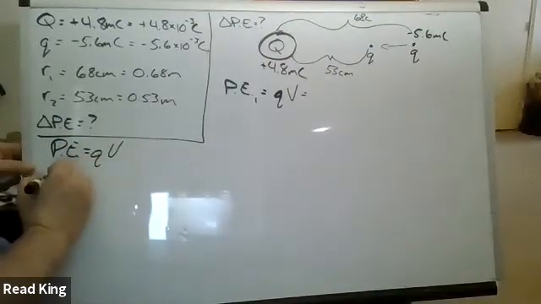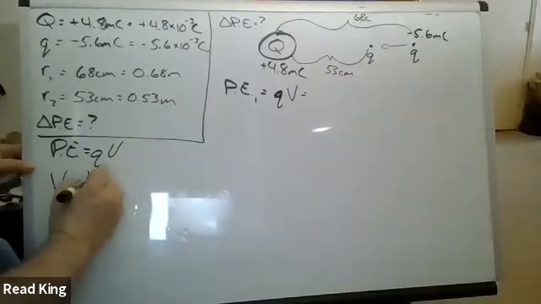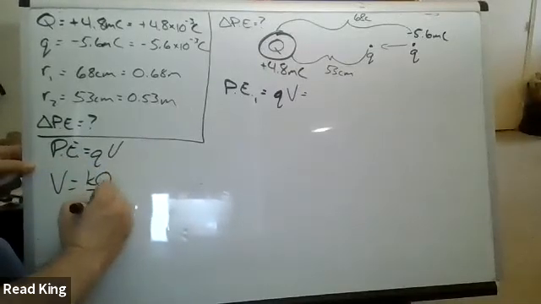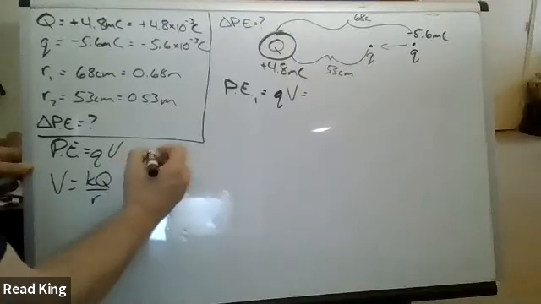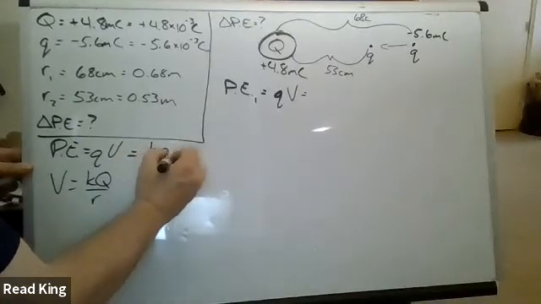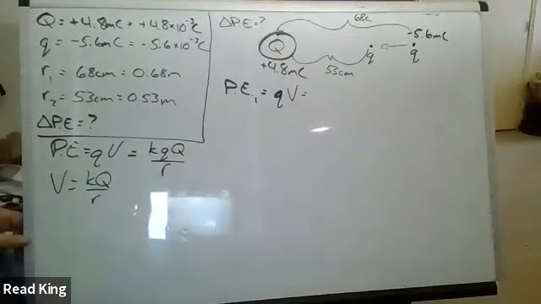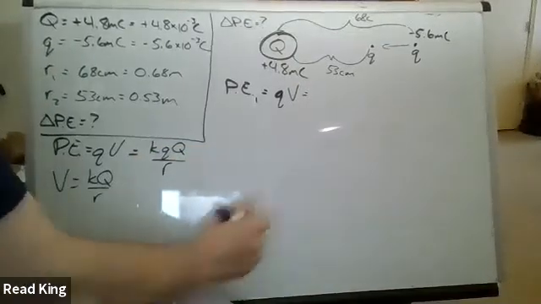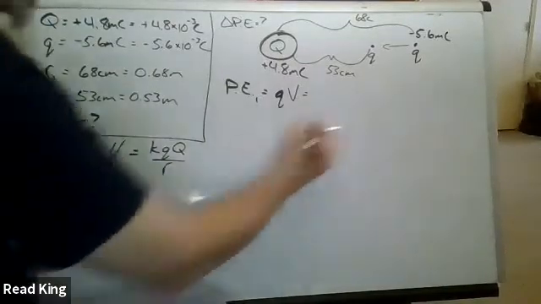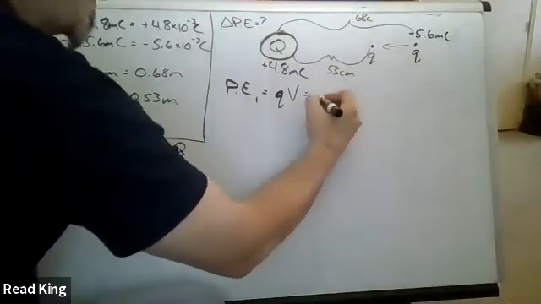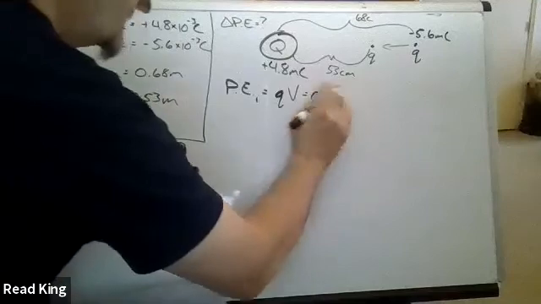QV, and we also know that V is K big Q over R. So that means this is going to be K Q big Q over R. That looks really suspiciously like something we've seen before, except there was a square, I believe.